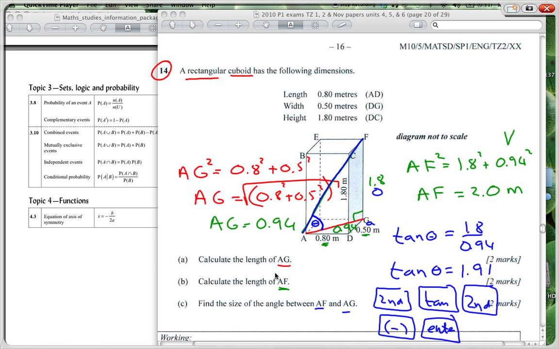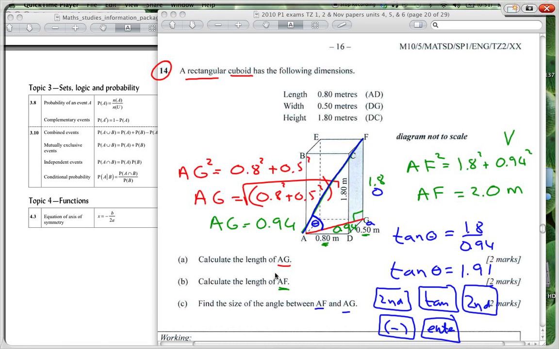I'm getting 1.809, and that's probably because my calculator mode is in radians. I must change my mode into degrees, and I do that, enter, and clear. So I'm just going to do that again.